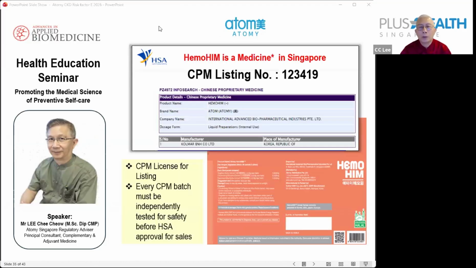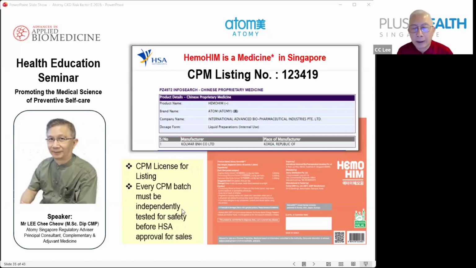In Singapore, Hemohin is a medicine. Right, so you can see the information here. There's a CPM license for listing itself, right? And because it's classified as a medicine, especially a Chinese proprietary medicine in Singapore, every batch of Hemohin must be independently tested for safety before it is approved for sales.